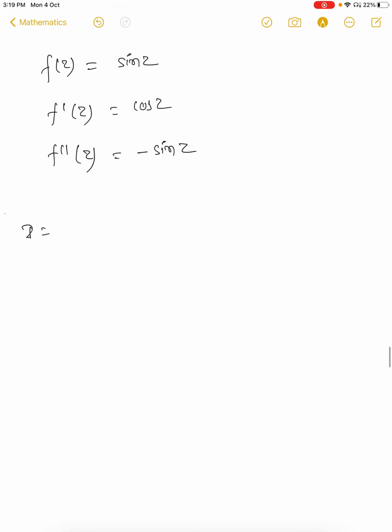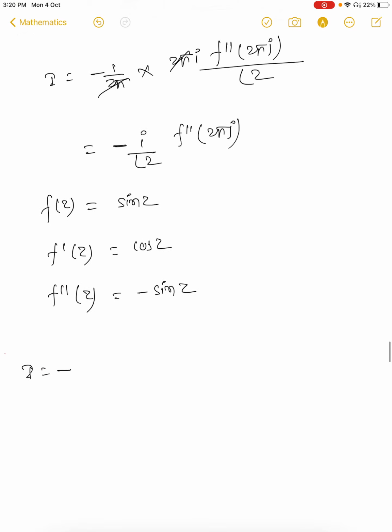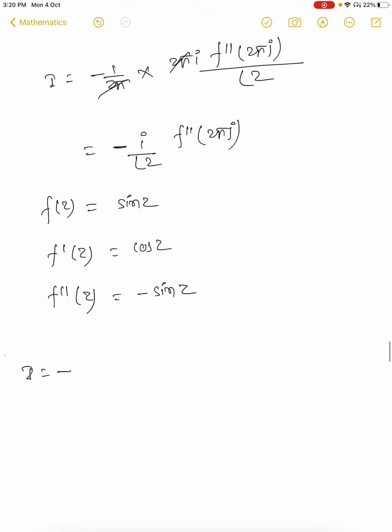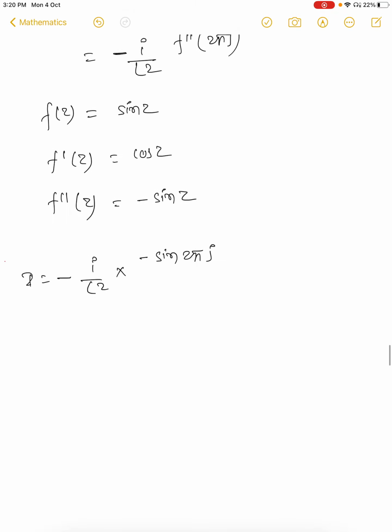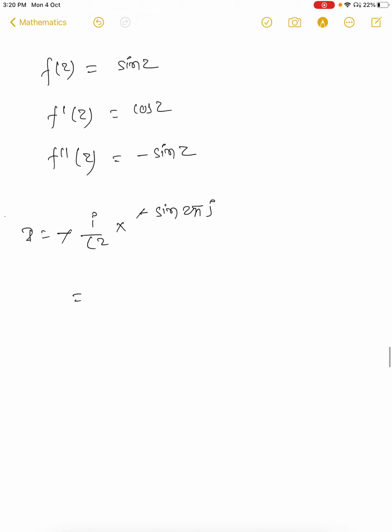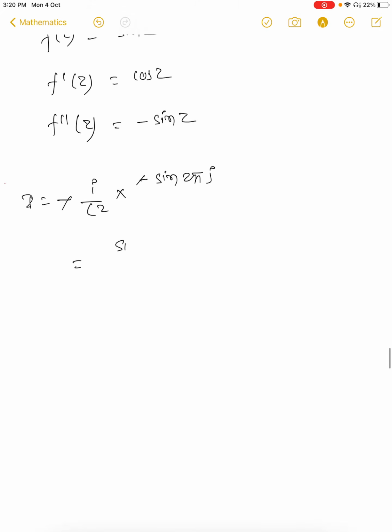So I is equal to minus i by factorial 2 and minus sin (2 pi j). The i in the multiplication becomes the hyperbolic function, sinh 2 pi upon factorial 2, and this becomes 133.87.